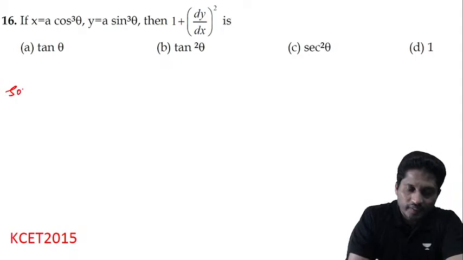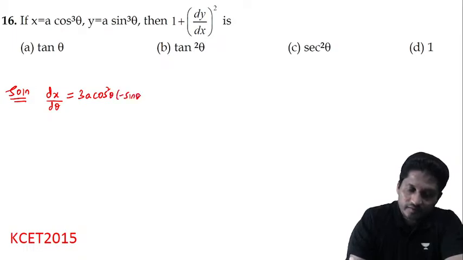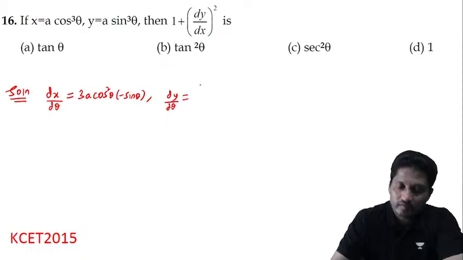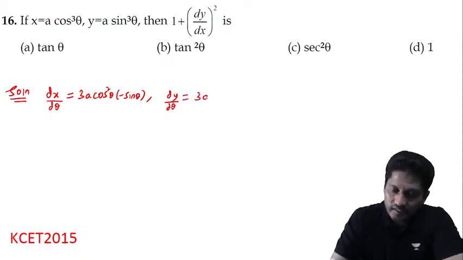The question on parametric differentiation. dx by d theta is equal to 3a cos square theta, and differentiation of cos is minus sine. And dy by d theta is equal to 3a sine square theta, differentiation of sine is cos.